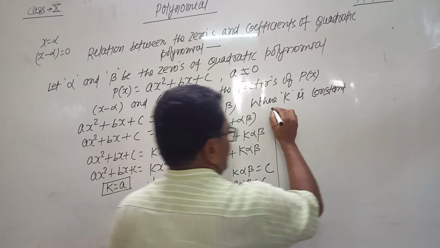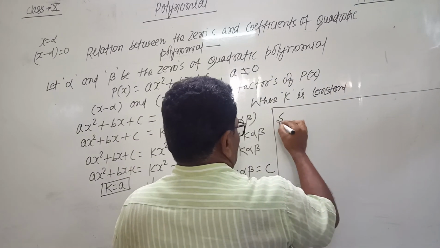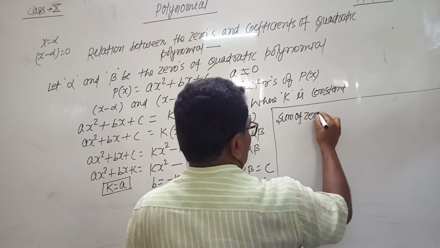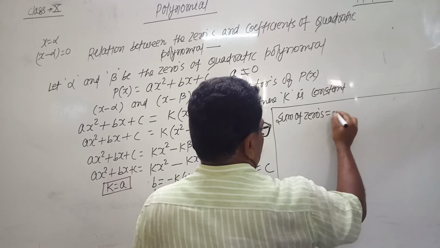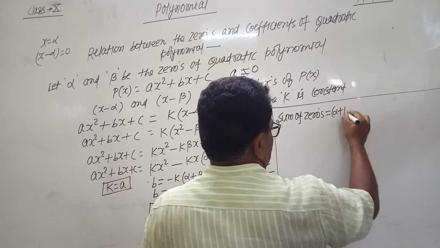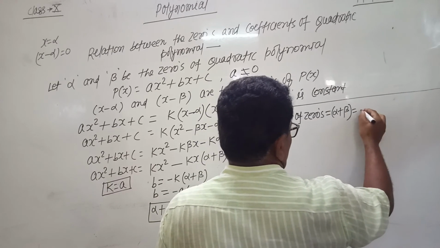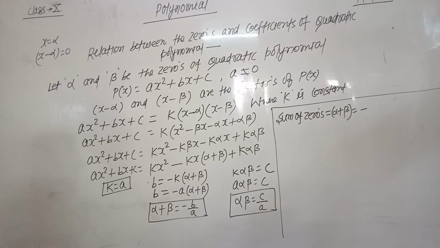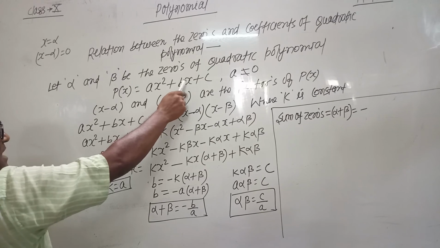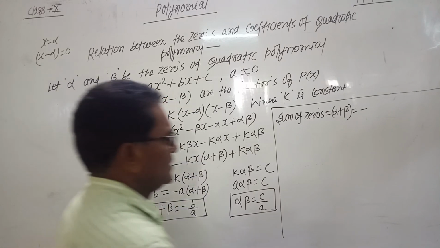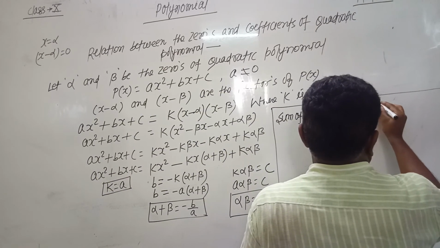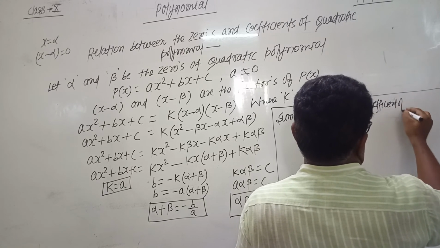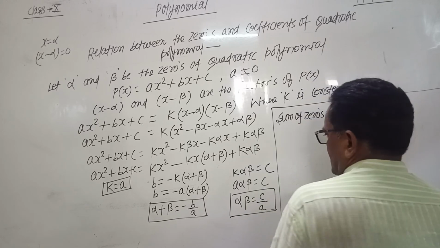So we can make the formula. Sum of zeros, meaning alpha plus beta, equals minus b by a. What is b? b is the coefficient of x. So minus coefficient of x upon a.